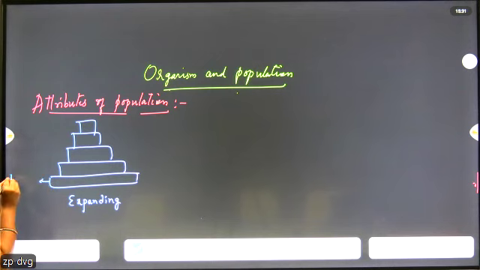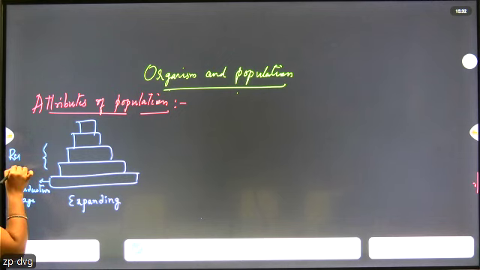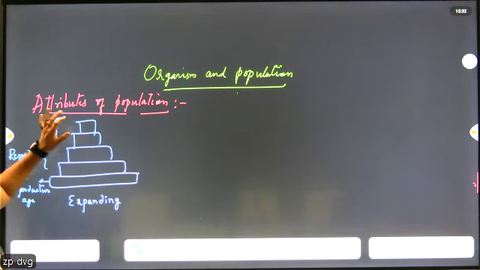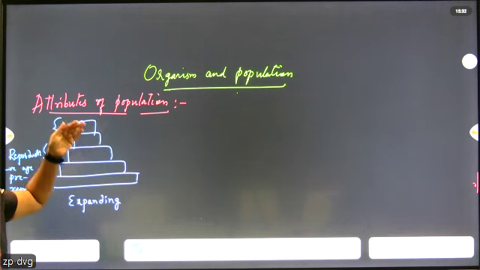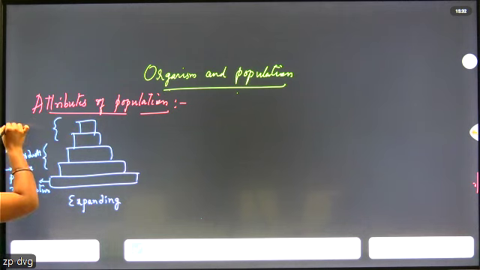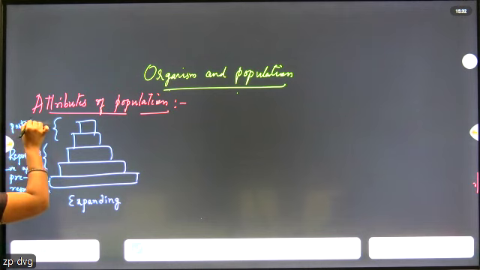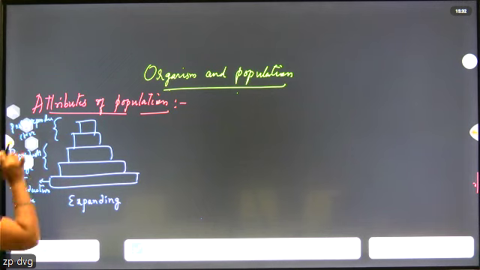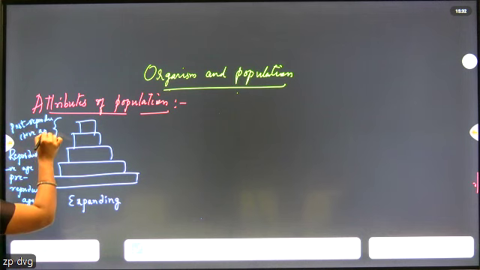This is pre-reproductive age people, and this one is reproductive age people, and finally a short, very narrow pyramid which explains post-reproductive age people.